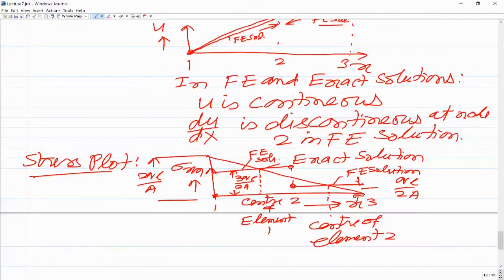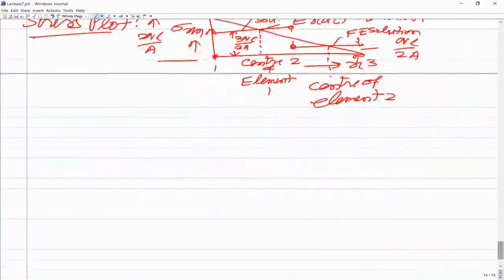So there is a discontinuity. Obviously u is continuous, it is a C0 element, so u is continuous, but du by dx will not be continuous at nodes. This discontinuity will reduce with increase in the number of elements. If you keep on increasing the number of elements, you will get the FE solution closer and closer to the exact solution, and the discontinuity will keep on reducing.